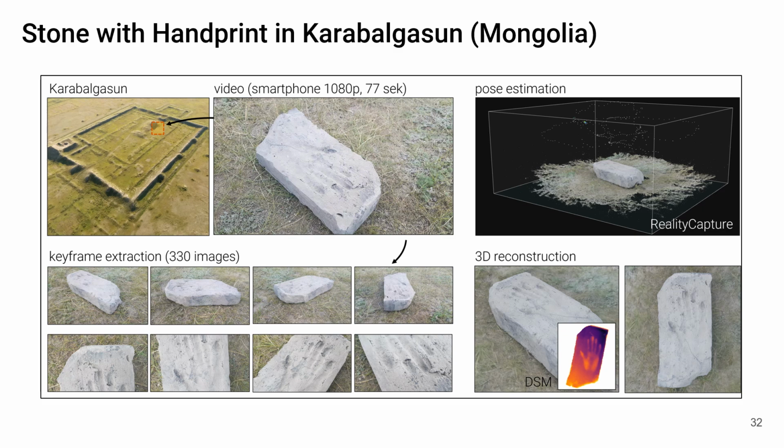Afterwards, 330 images were extracted with JKeyFramer. On the top right, we see the result in the point cloud after the pose estimation. Below, we see 2 impressions of the 3D model. If we now create a height map of the surface, a so-called digital surface model, or DSM for short, we can make the handprint very clearly visible.